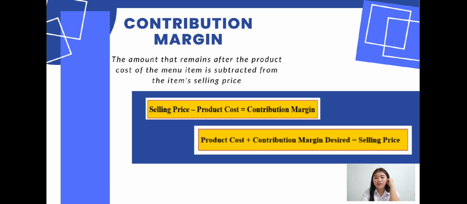Product cost plus contribution margin desired equal to selling price. So, madali lang, gaya lang siya nung in-example ko kanina. Ang gagawin naman dito is product cost, which is yung 150 plus yung contribution margin desired na 50 is equal to selling price na 200.